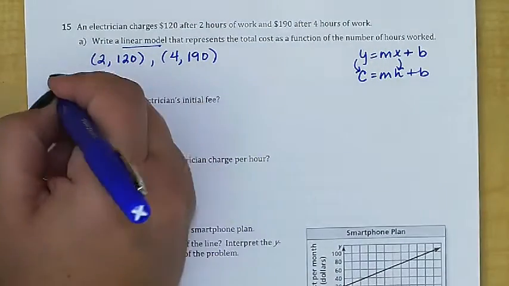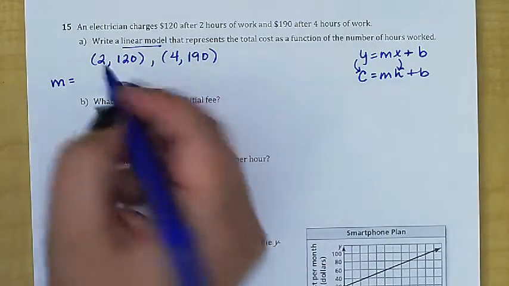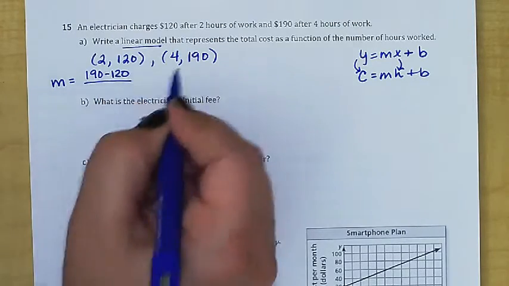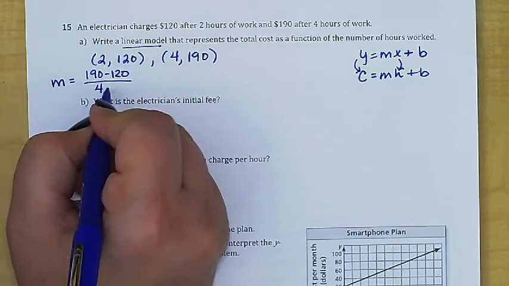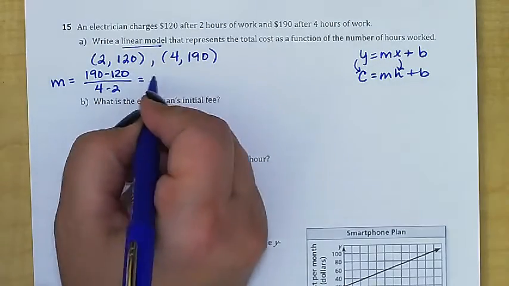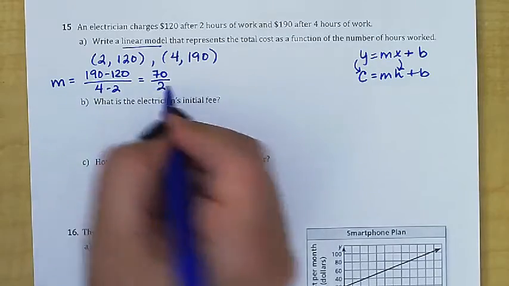From 2 points, we need to find the slope first. So let's start with that. Slope is going to be the change in our y values over the change in our x values. Okay, so from 120 to 190, that difference is 70. And from 2 to 4, that difference is 2.